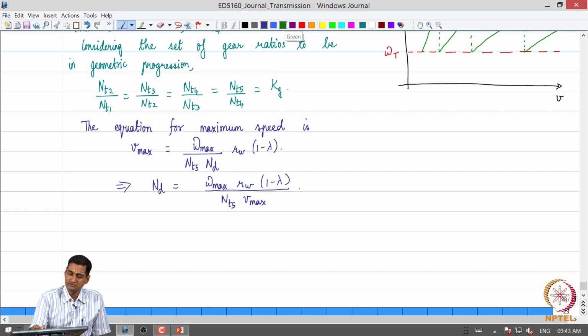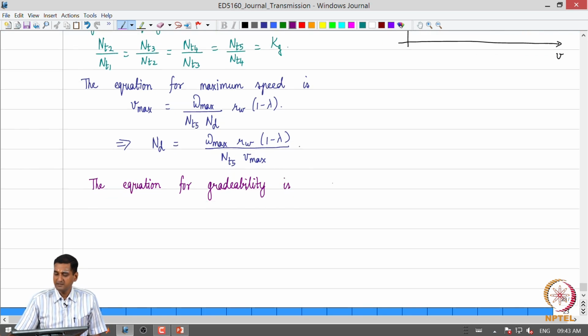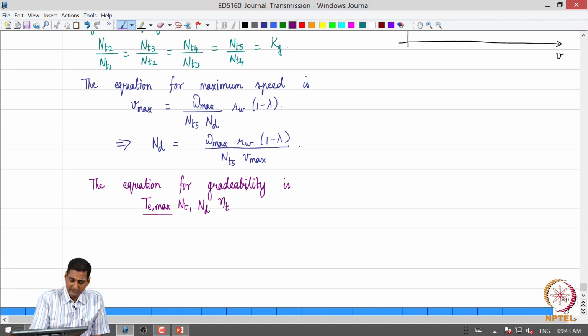Now, the equation for gradability, still we want to climb the steepest grade when we are in the first gear. So, we use the same equation. So, the maximum torque is T max times NT1 times ND times eta T divided by Rw, which is the wheel radius, same equation, okay.